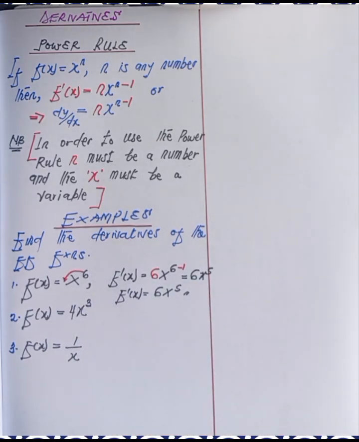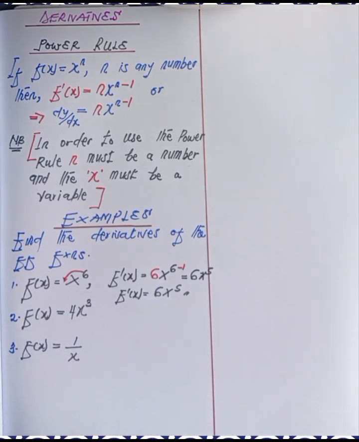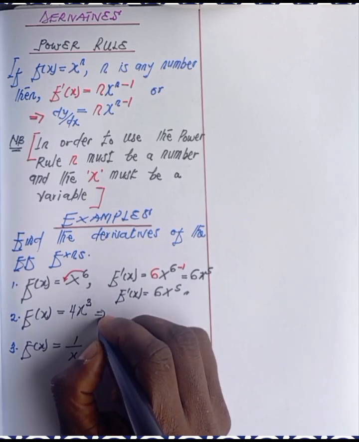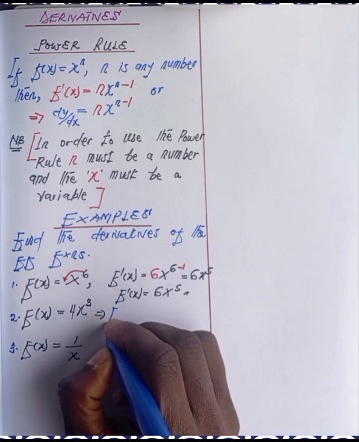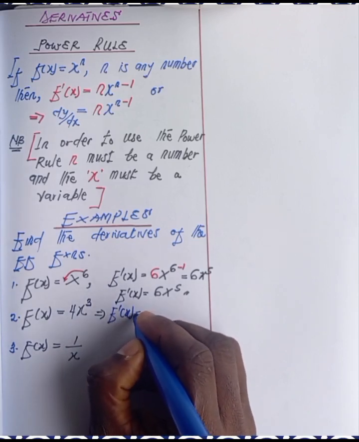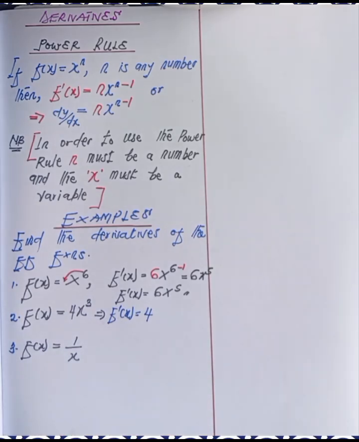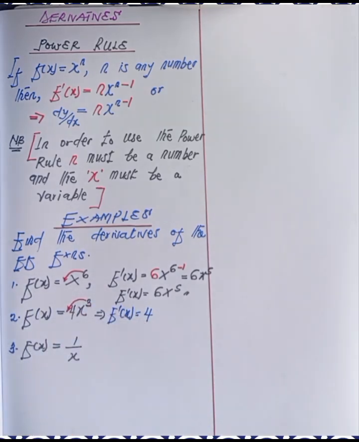Now the second example, we have 4x exponent 3. Using the same method, our f prime of x is going to be 4, and then the original exponent will come and multiply the 4.